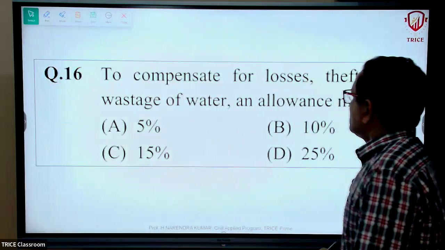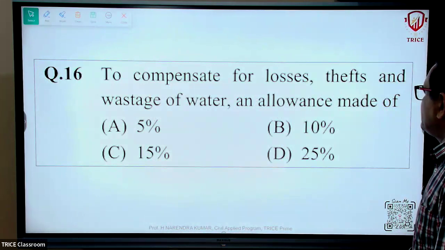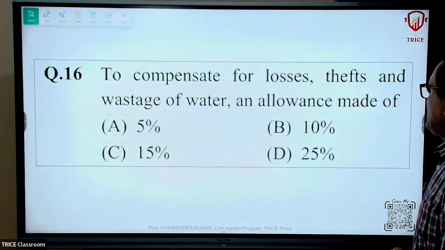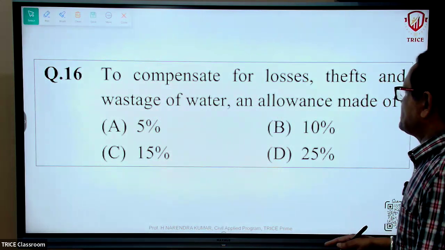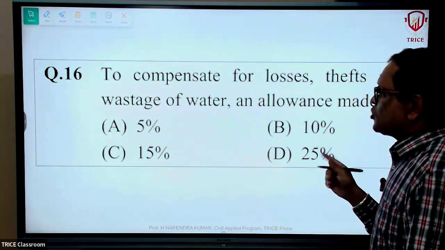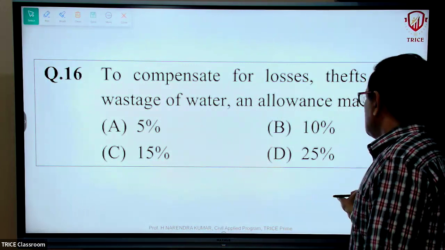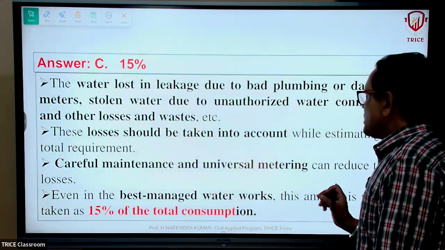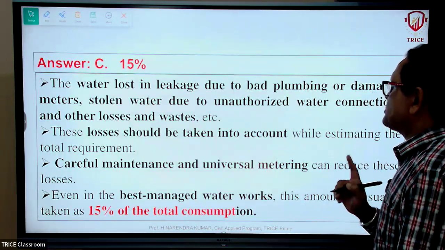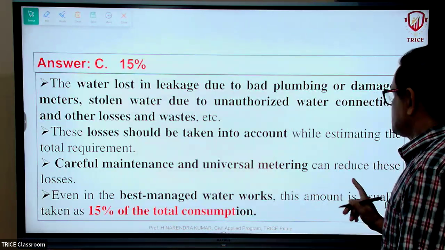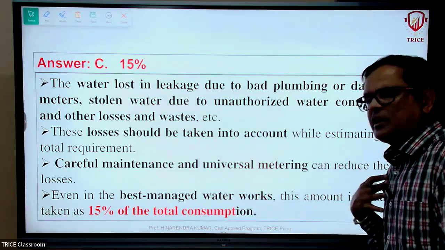Next one: to compensate for losses, theft and wastage of water, an allowance is made. Is it 5%, 10%, 15%, or 25%? Once again, in order to choose the correct answer, we need to look at what our codal provision says. It is 15%, my dear students. It is not taken by me. This is not my answer.